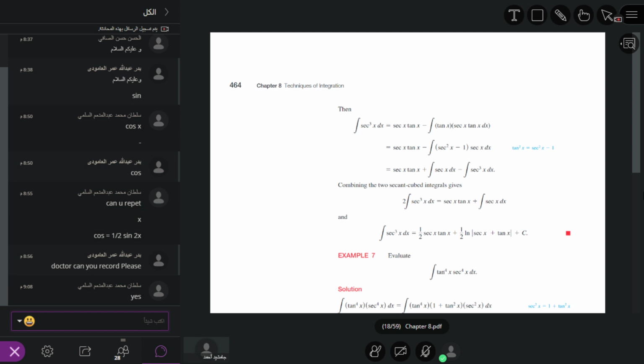If we have sine 3x cosine 5x, it is equal to what according to the formula?